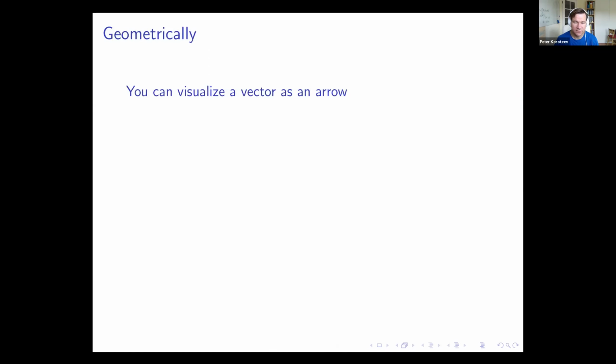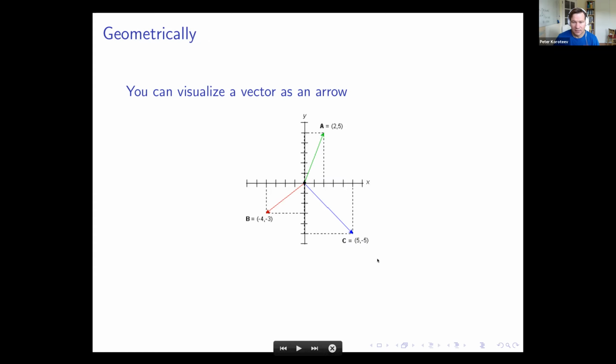Let us visualize those vectors geometrically. A vector can be thought of as an arrow like this, right? For convenience, let's consider two vectors with two components. So vector A has components 2, 5. I just wrote them in a row here for convenience. Sometimes we'll be using row notation, sometimes column notation.